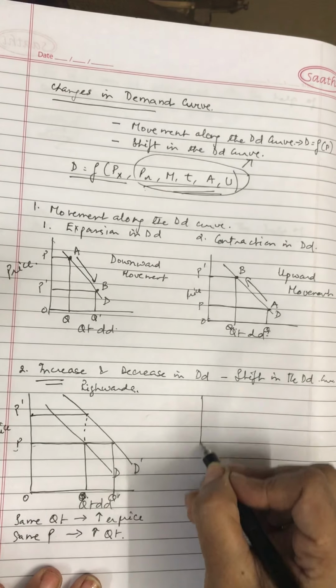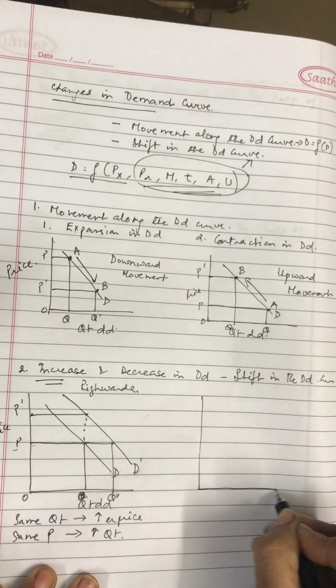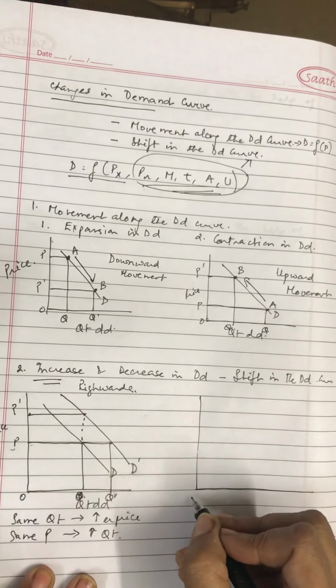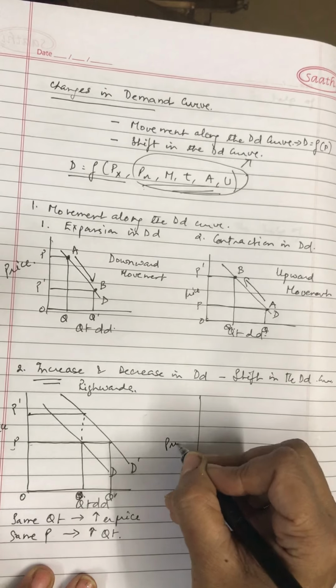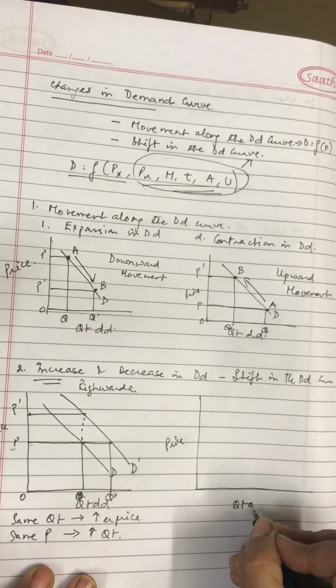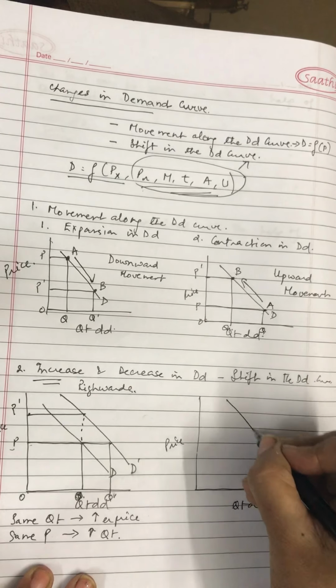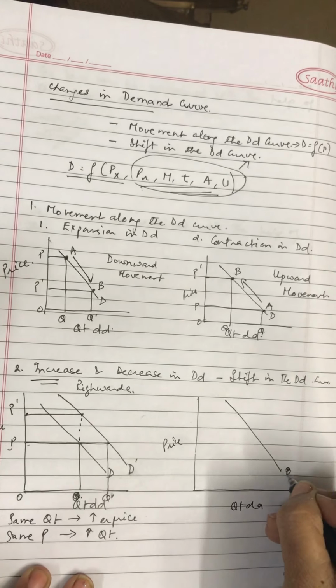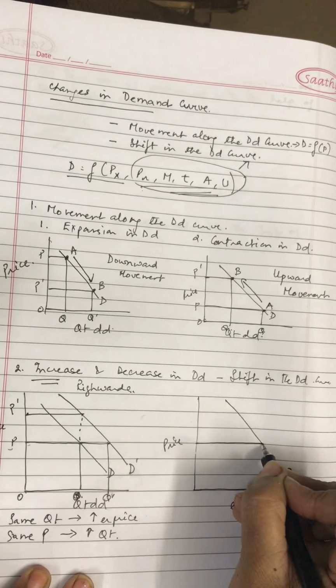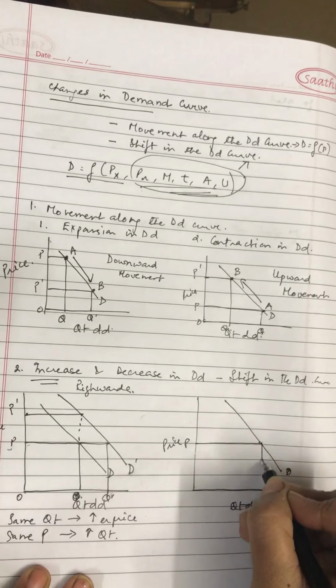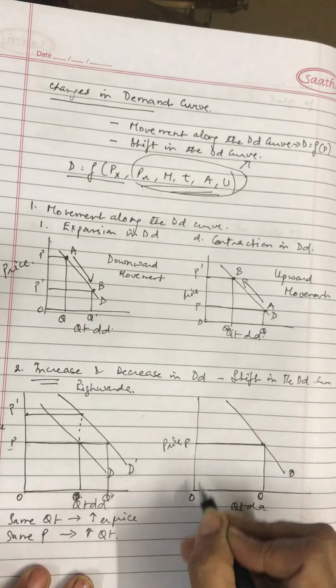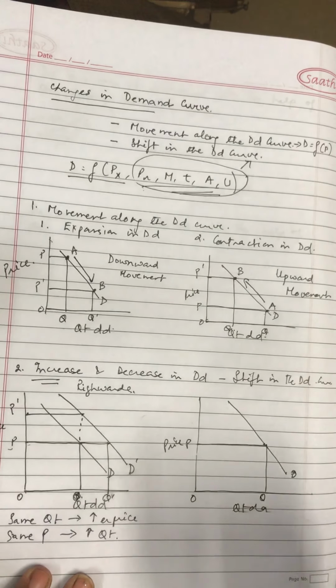The second one is a decrease in demand, and in this case what do we have? We'll again take the same things, that we have price over here, we take quantity demanded over here, we have the original demand curve D, and we take an original price as P, original quantity as Q. So OP is the price, OQ is the quantity. Now in this case the demand has decreased, so the curve is going to shift leftwards to D dash.